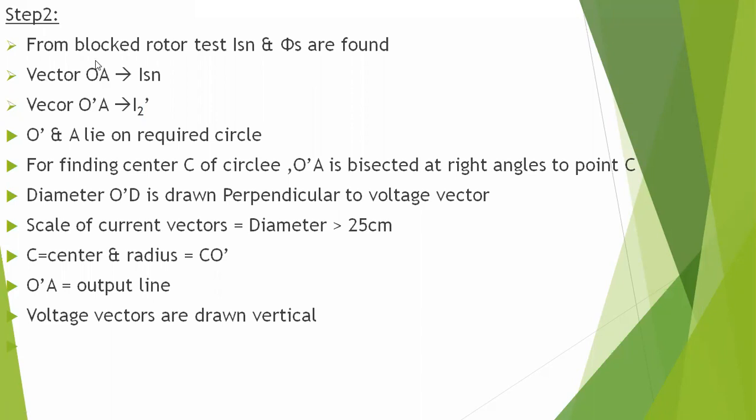So from the blocked rotor test, we have ISN and the angle phi s.